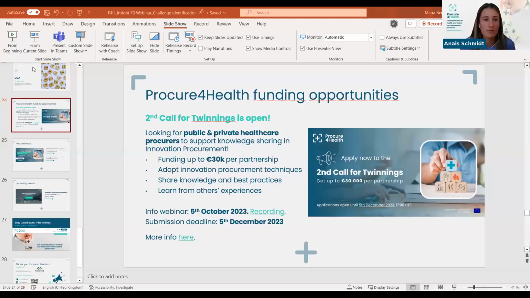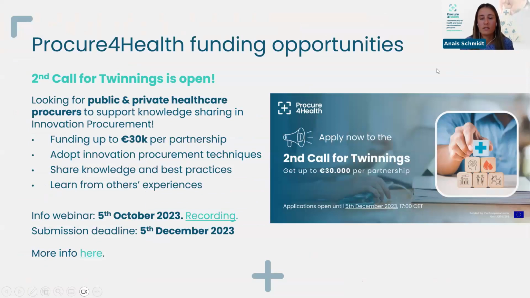Before closing the webinar, let me share my screen again to share some key information that can be interesting for you. At this stage at Procure4Health, we have an open funding opportunity for public and private healthcare procurers.